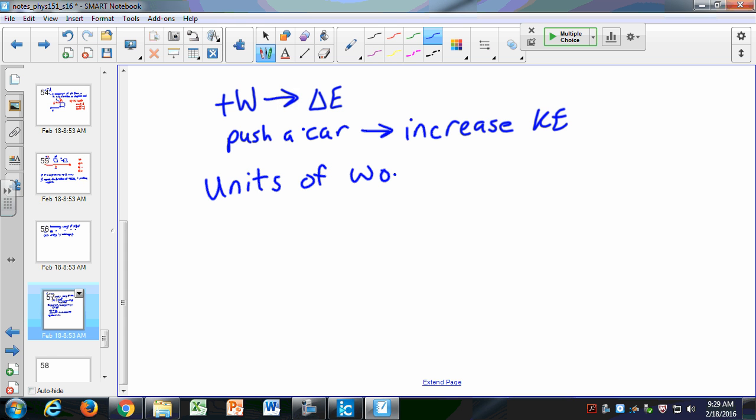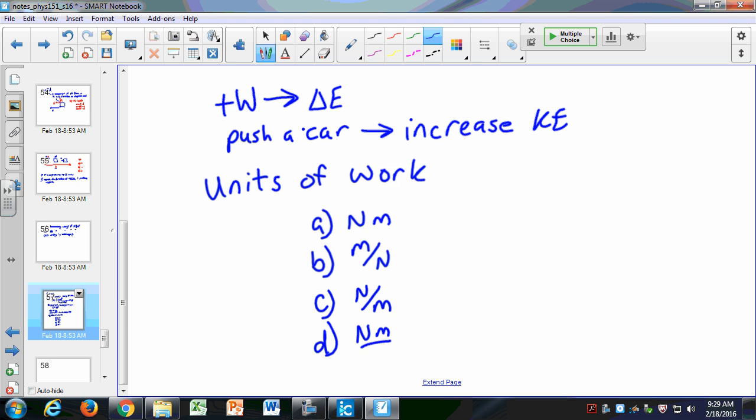Well, you tell me. Which of these is a unit of work? Is it A, newton meter, newtons times meters? Is it B, meters per newton? Is it C, newtons per meter? Or is it D, newton meters per second?